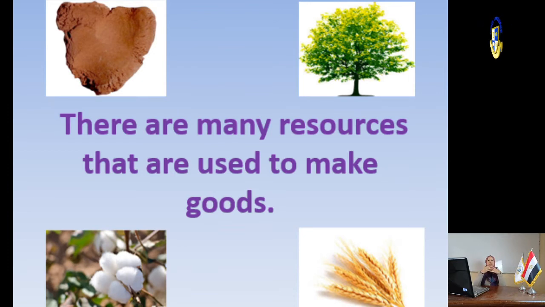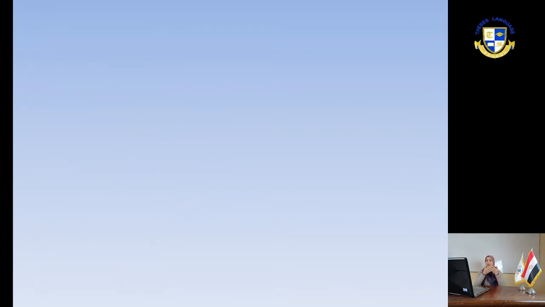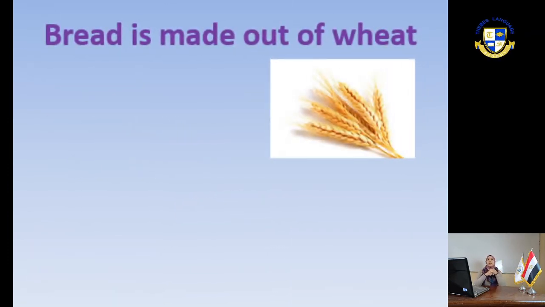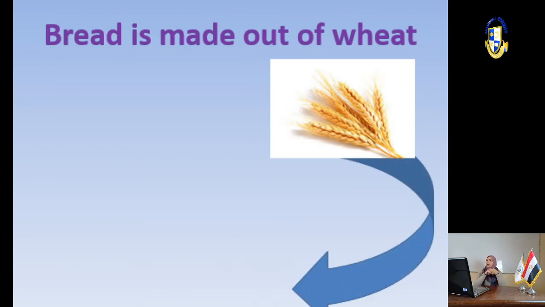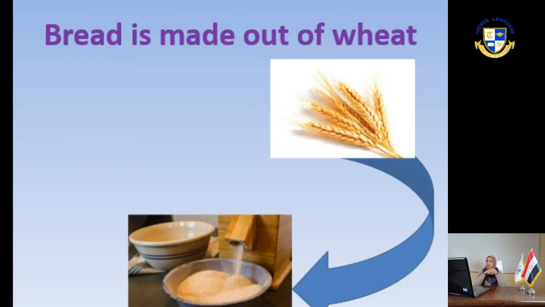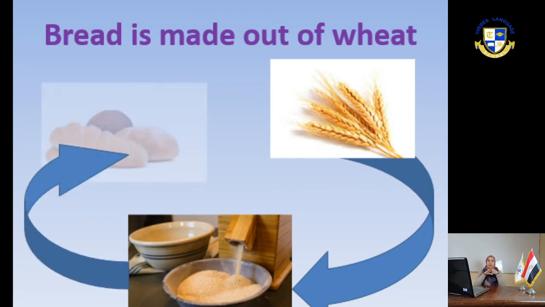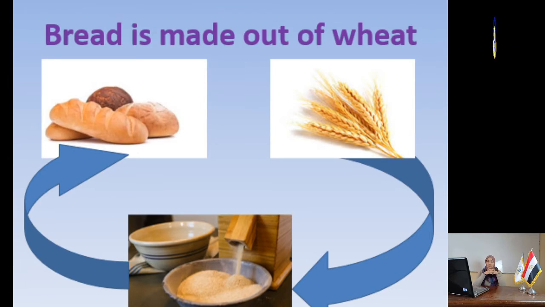You can find resources in trees: we can take wood from trees and we can take rubber from trees. And what are we doing with the rubber? Excellent. We make the eraser for the pencil and many things from the rubber. So we can use the trees as a resource.